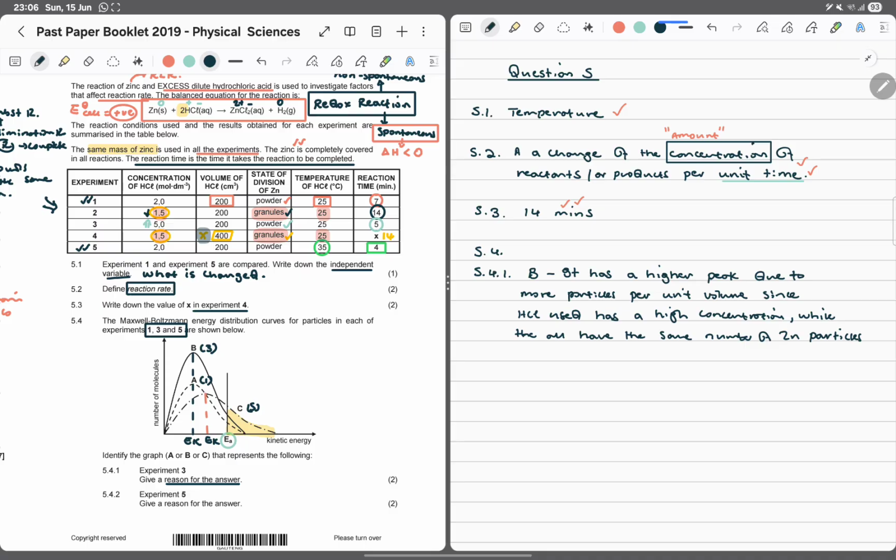Okay, of course, guys, for me, I always like to answer in full rather than to be cryptic, because if you learn to be cryptic, you're going to be useless. Believe me when I tell you. All right, so basically, the key part to this answer is the higher peak. And of course, trying to explain it is much more palatable than to just say a higher peak, so what?